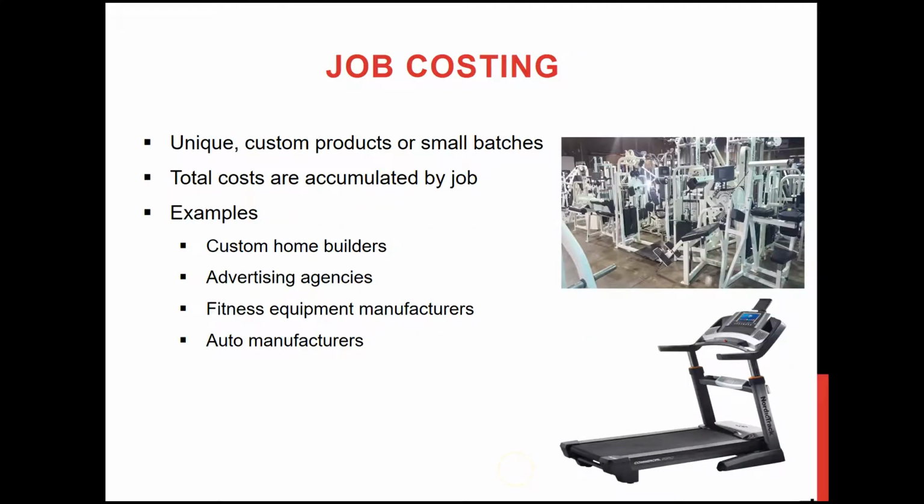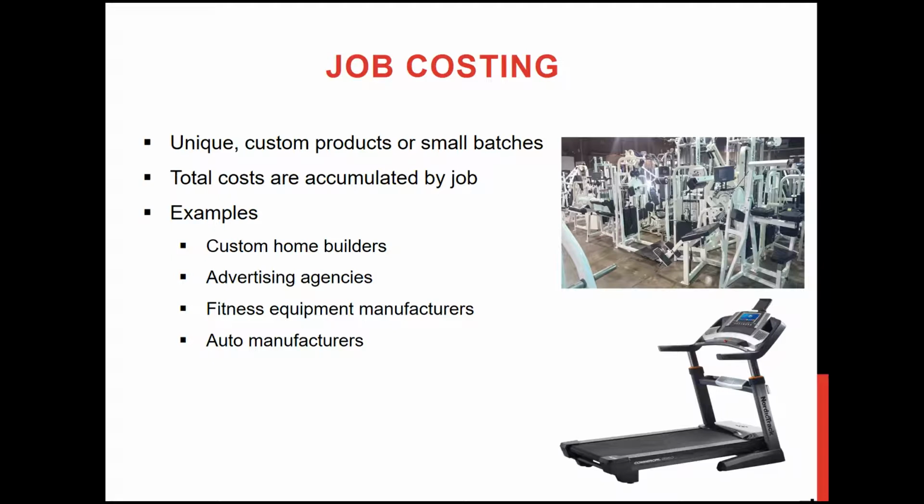Job costing is used by the manufacturing companies that produce very unique and customized products. And these types of companies usually produce only a few different products or small batches of products. And they need to calculate the costs of all of their raw materials very precisely. They calculate their direct labor cost and overhead cost based on each and every product.